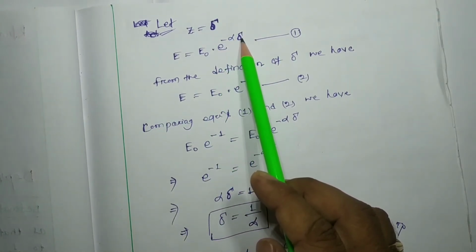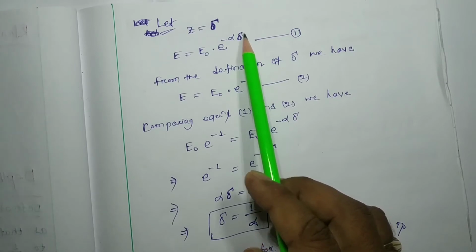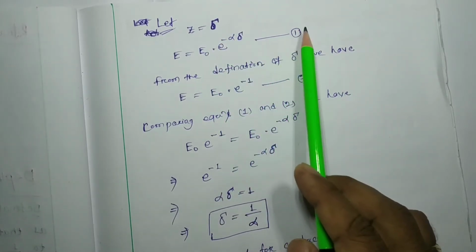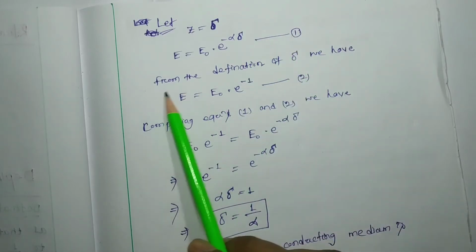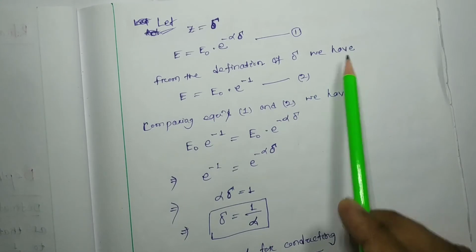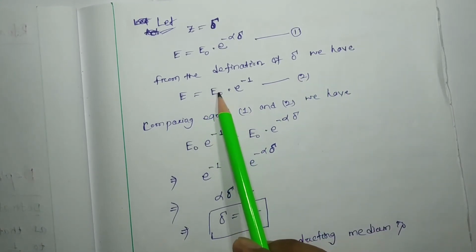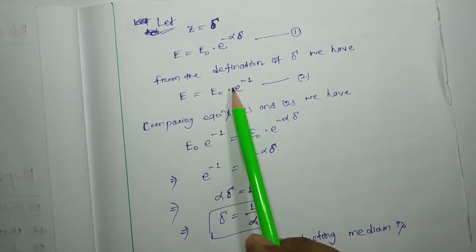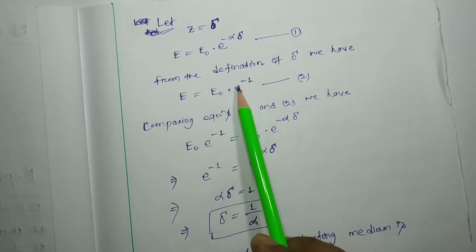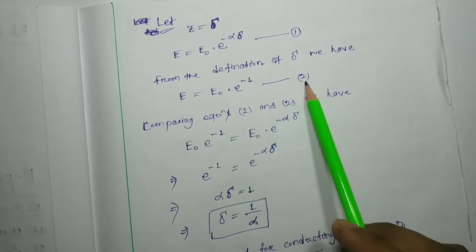Instead of z, we just substituted the distance delta. Let this be equation number 1. From the definition of delta, E0 has to be reduced to its 1 by e time, so E equal to E0 into e to the minus 1. Let this be equation number 2.